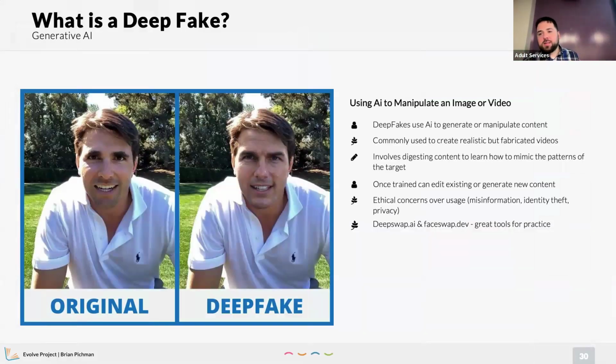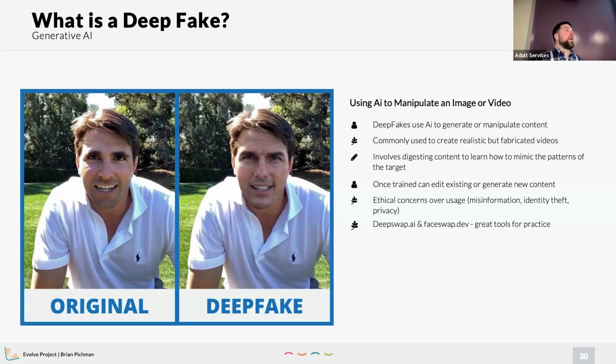But then this leads into the concept of what is a deep fake. So it's using AI to manipulate an image or replicate or create a digital twin of an actual person. In 2017, there was a bunch of individuals that were able to create video content of politicians, presidents, et cetera, and it looked so real that some of the news reported it incorrectly because you couldn't tell, it was flawless.